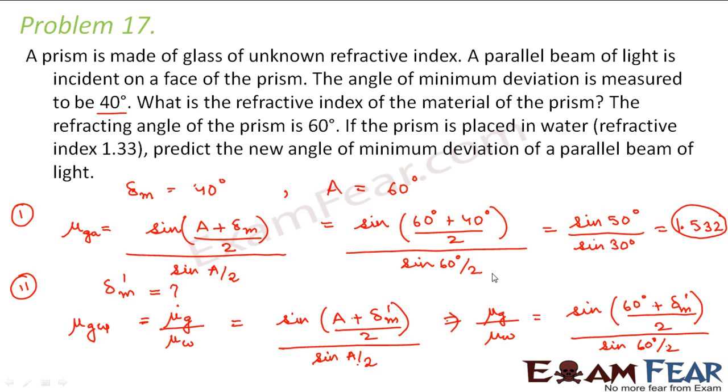We know the value of mu G, that is mu glass, which is 1.532, which we have calculated just now. So that is 1.532 divided by mu water, given as 1.33. This is equal to sine of (60 degrees plus delta M dash) divided by 2, divided by sine 30 degrees.